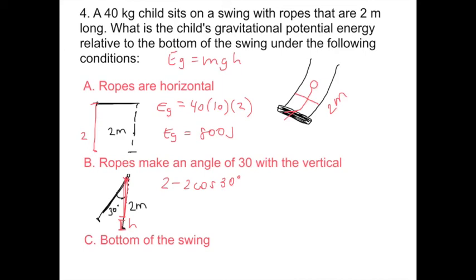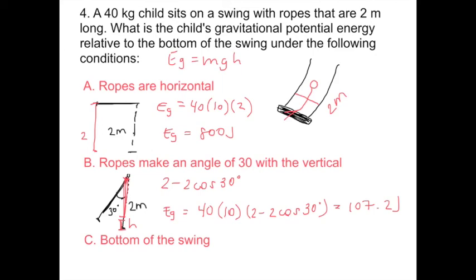So if we plug this into the equation, now we get that the gravitational potential energy is m, still 40, times g, which is still 10, times h, which is 2 minus 2 cosine 30 degrees. Plug all of those numbers in, and the gravitational potential energy is now only 107.2 joules.